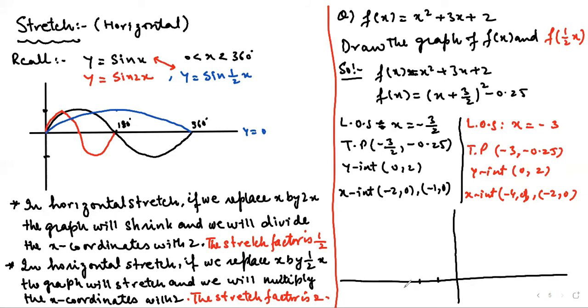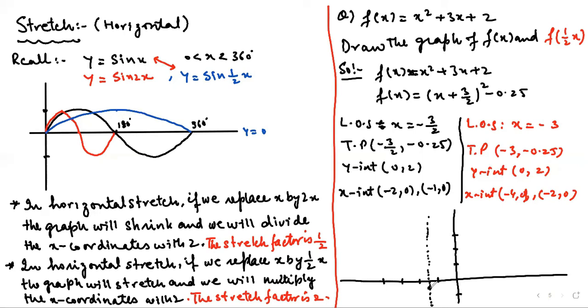One, 2, 3, and 4. This one is 1, 2, 3. For the black curve, the original one, f of x, the line of symmetry is x equals 1.5.